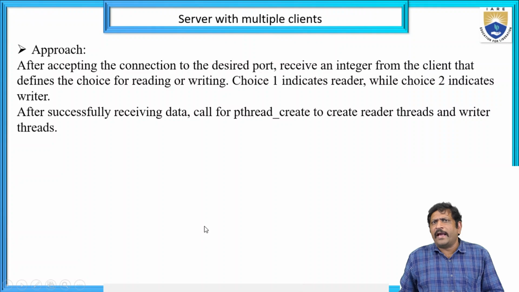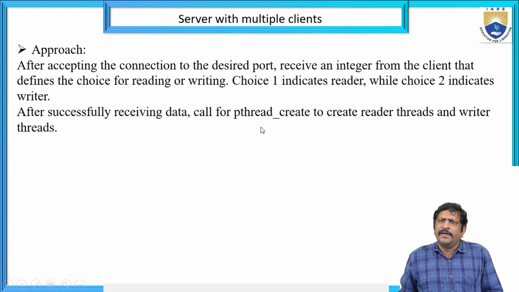The approach is: after accepting the connection on the desired port, the server receives an integer from the client that defines the choice of reading and writing. Choice 1 indicates reading, choice 2 indicates writing. After successfully receiving the data, call pthread_create to create the reader threads and writer threads.